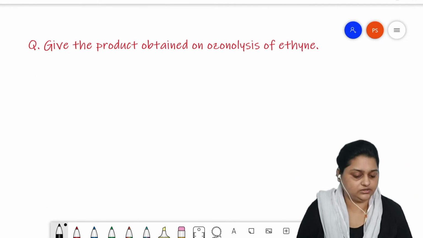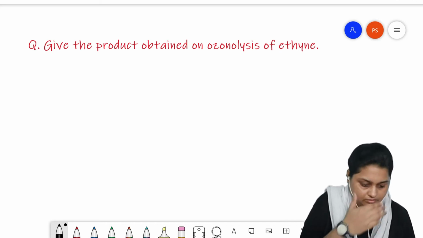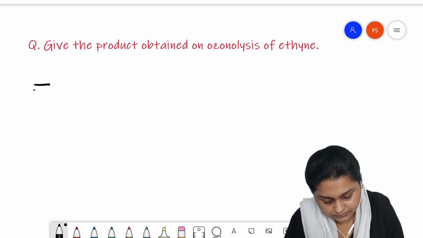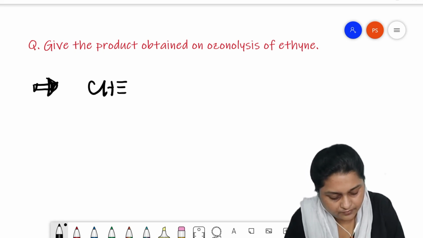Give the product obtained on ozonolysis of ethine. Now, ethine is acetylene.